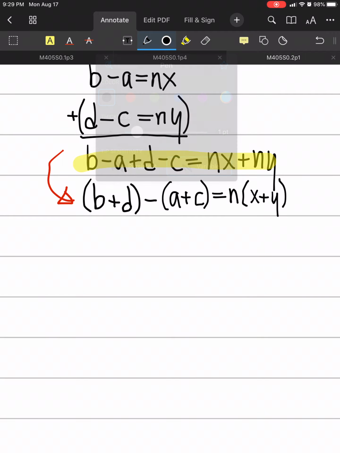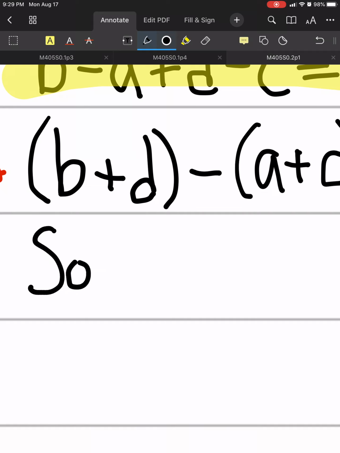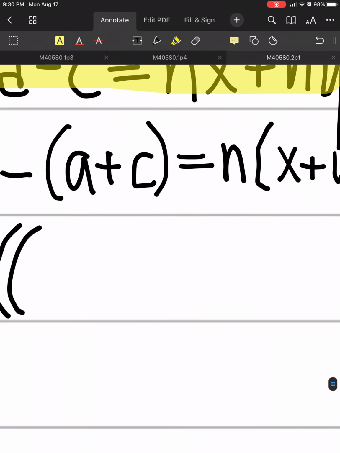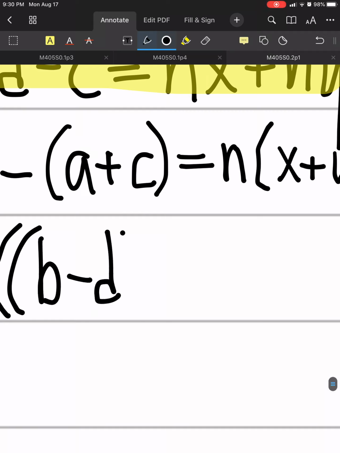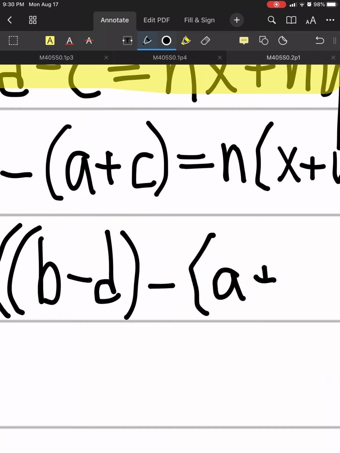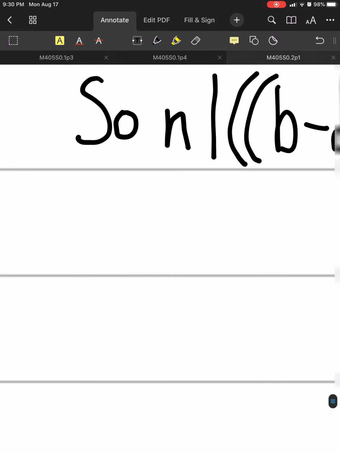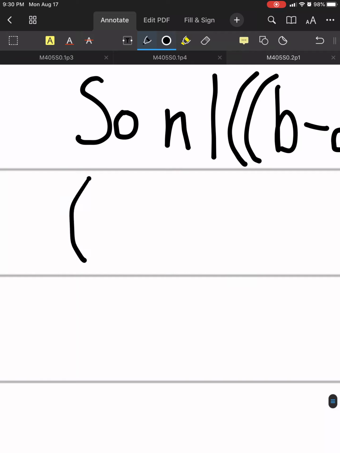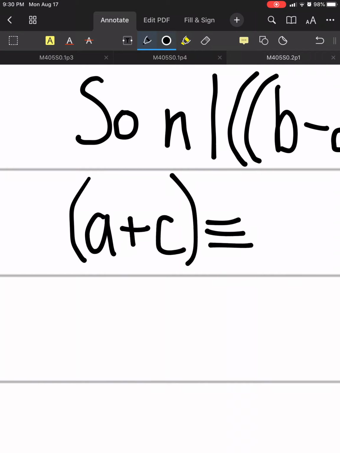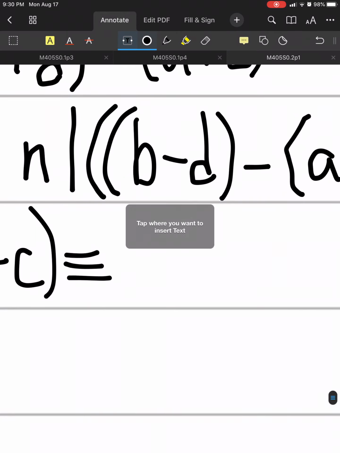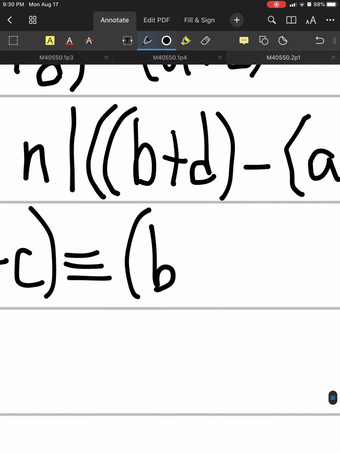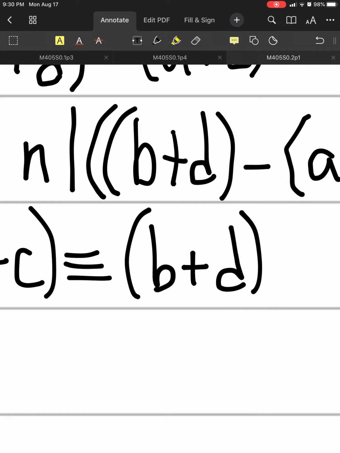And that actually tells us what we wanted to know. So N divides B plus D minus A plus C, so that gives us our proof: A plus C congruent to B plus D mod n.